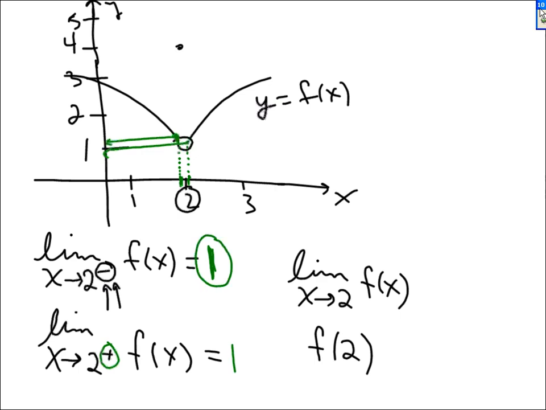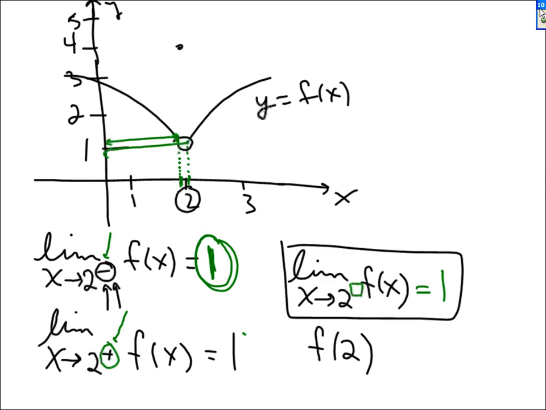Since the left limit, remember, negative means left limit, and the right limit, positive means right, are equal, the limit as x goes to 2 of f of x is that common answer, 1. If the answers were not common, then the limit as x goes to 2 of f of x would not exist.